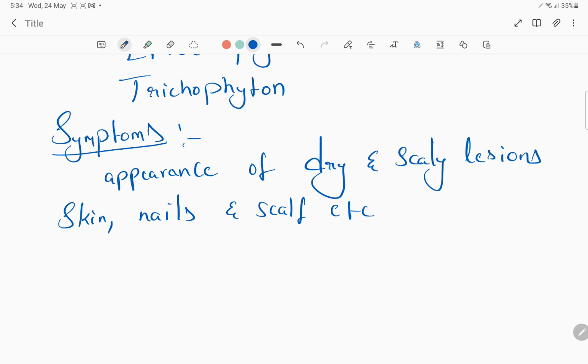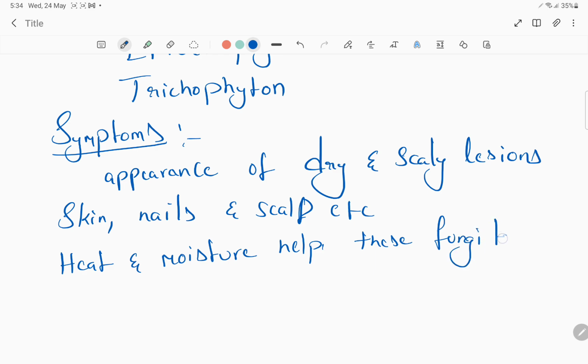So these are the major symptoms. Heat and moisture help these fungi to grow.